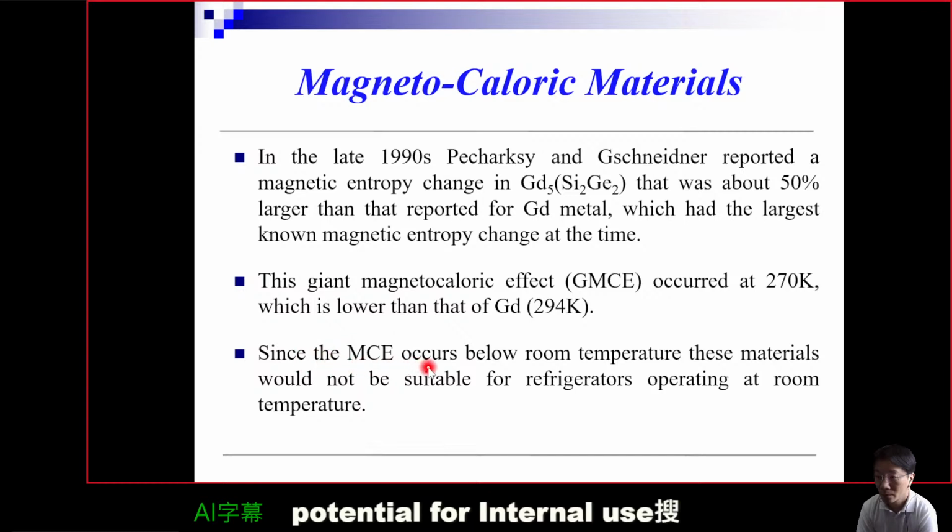Since the MCE occurs below room temperature, this material would not be suitable for a refrigerator operated at room temperature. So that means we need to look for GMCE compounds that operate at room temperature, at least 300 K.